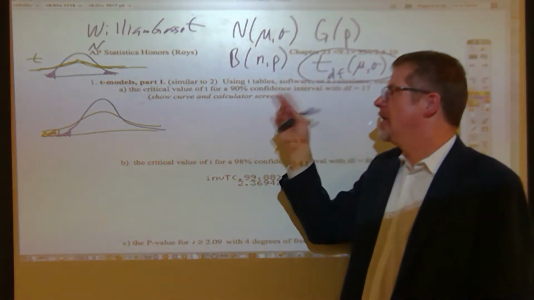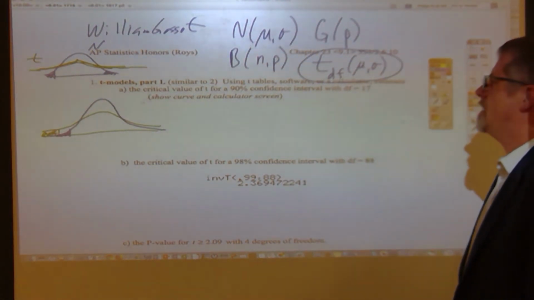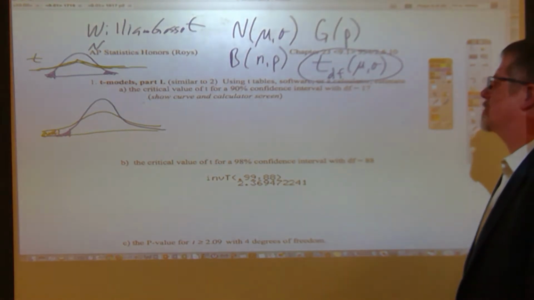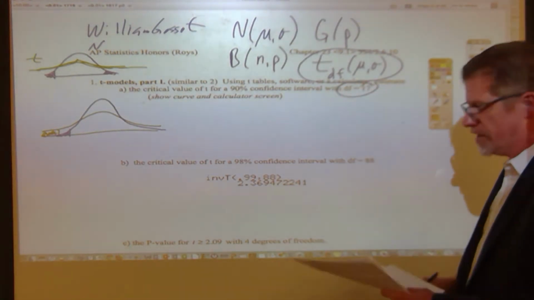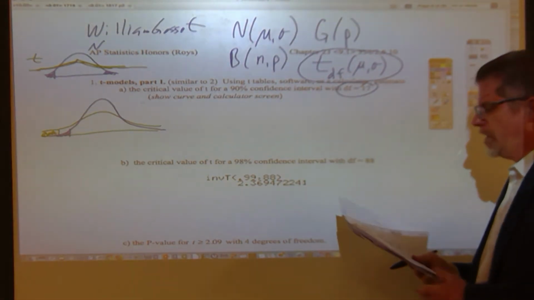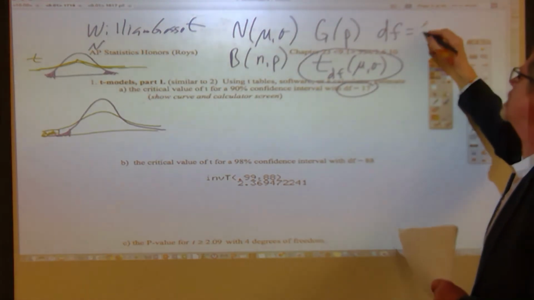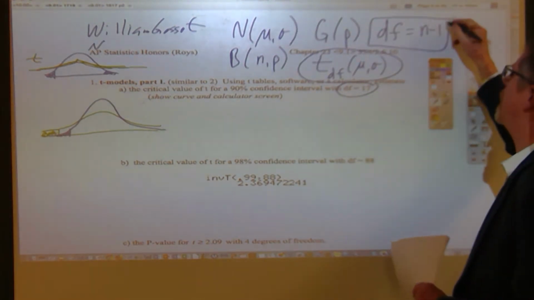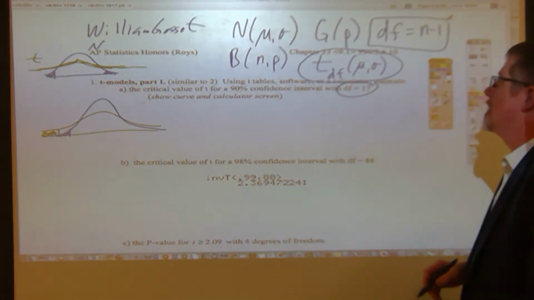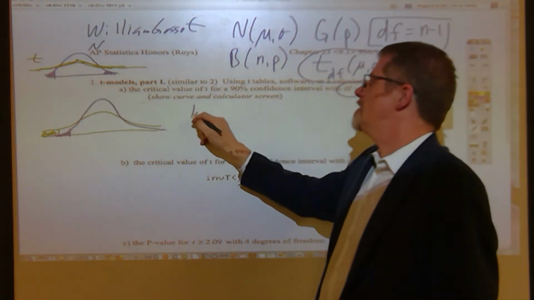You need not only a mean and standard deviation, but you also need a number of degrees of freedom. Basically the number of degrees of freedom is sample size minus 1. So here's the first big formula for today. The number of degrees of freedom is sample size minus 1. And in fact, this is the big idea here.